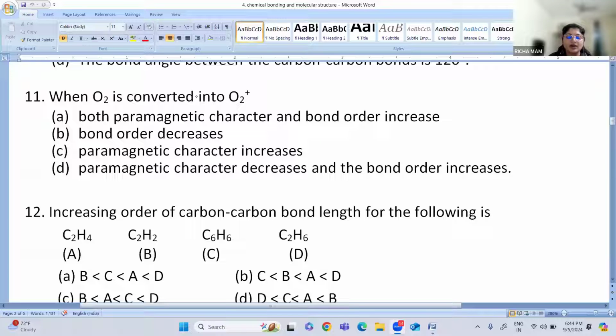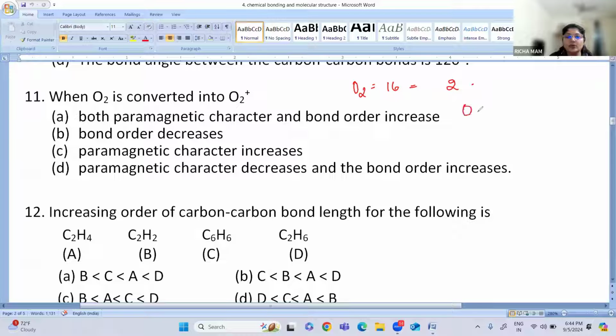So here, when you calculate the number of unpaired electrons in the O2 molecule, how many electrons does O2 have? 16, right? If you write the electrons in the molecular orbitals, filling the electronic configuration, the number of unpaired electrons in O2 will be 2.